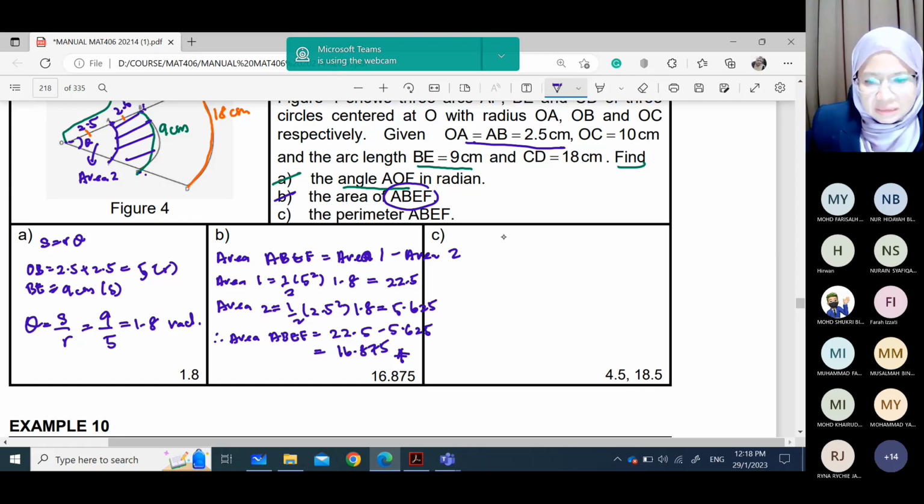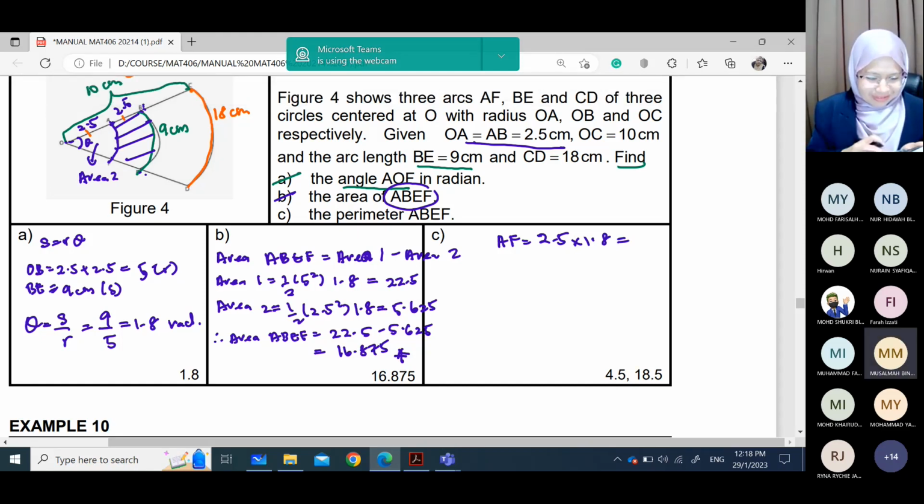So arc sektor bagi AF sama juga dengan R theta. AF sama juga dengan R theta, 2.5 darabkan dengan 1.8. Kelas dapat tak ni? Ke saya short sendiri ni? Dapat, madam. Okay, good. Okay, so untuk AF 4.5.